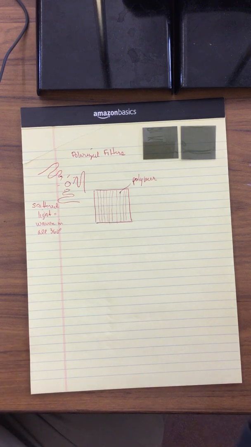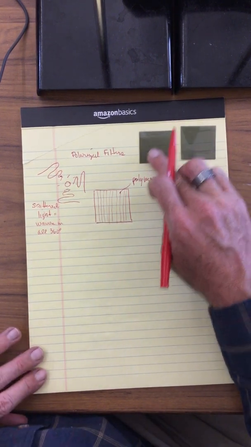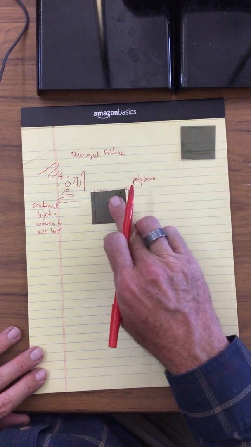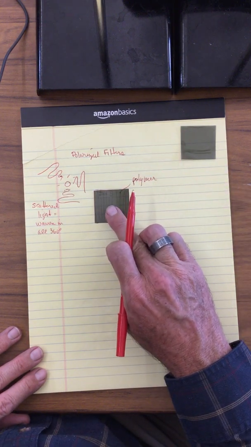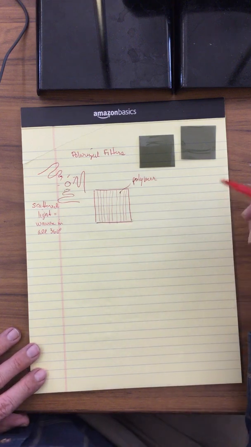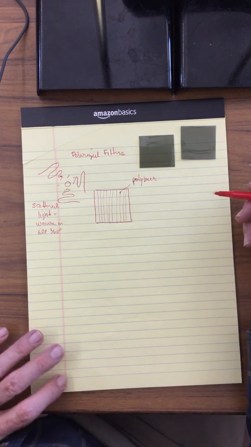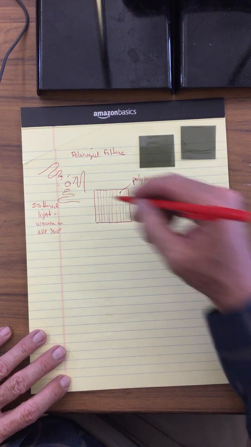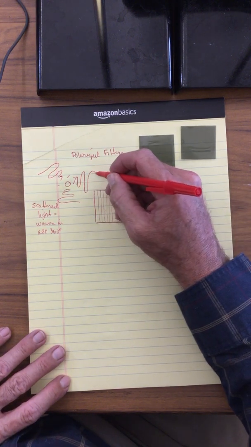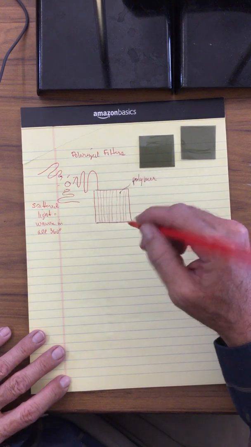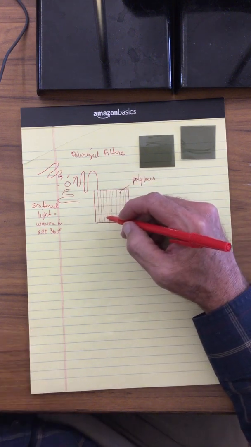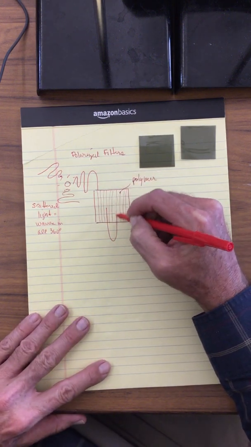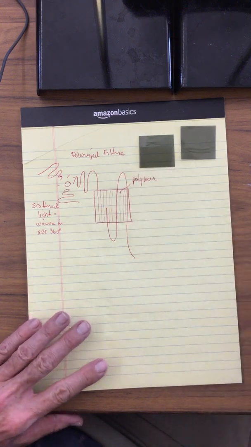What happens though is that this filter right here is going to be blocking the light waves that are in every other direction except for the up and down. So what's going to happen is that this is going to allow the passage of the up and down waves like this.